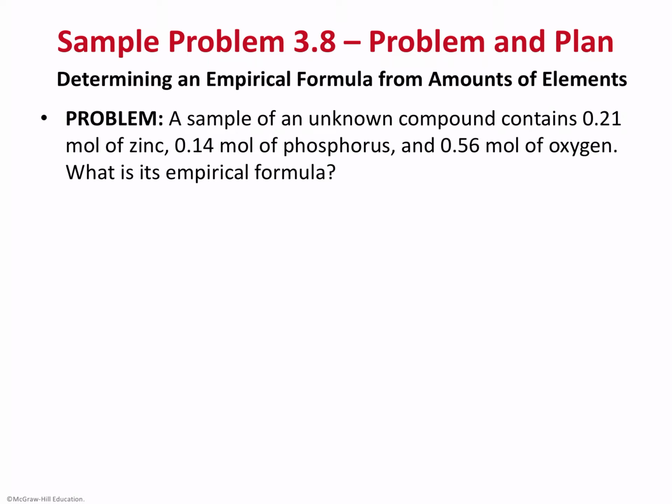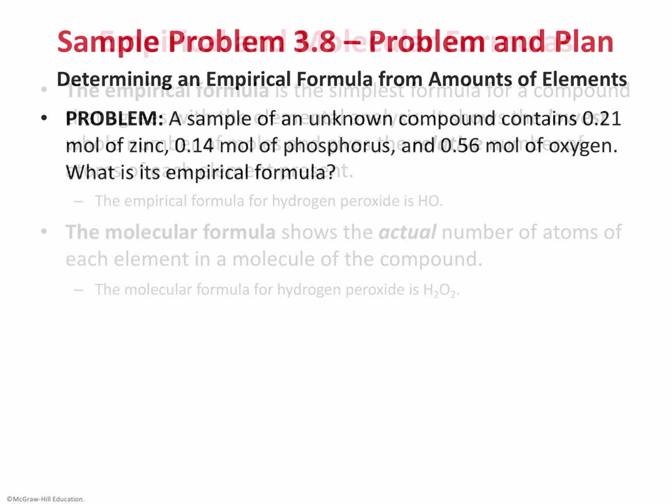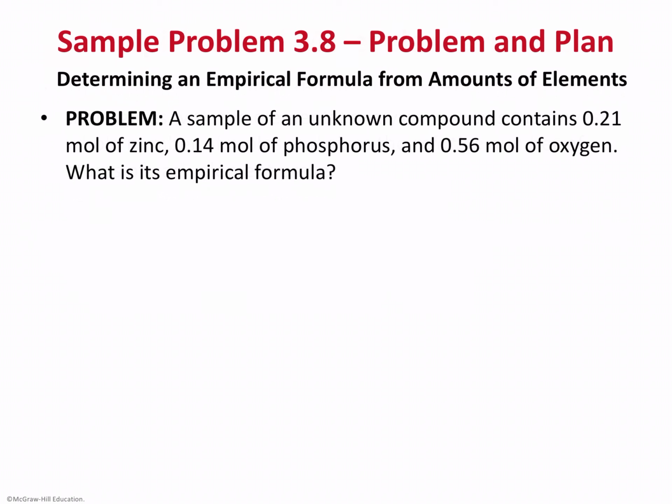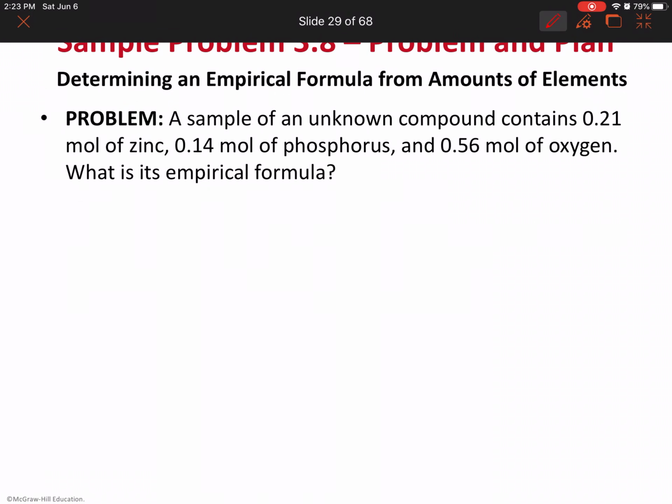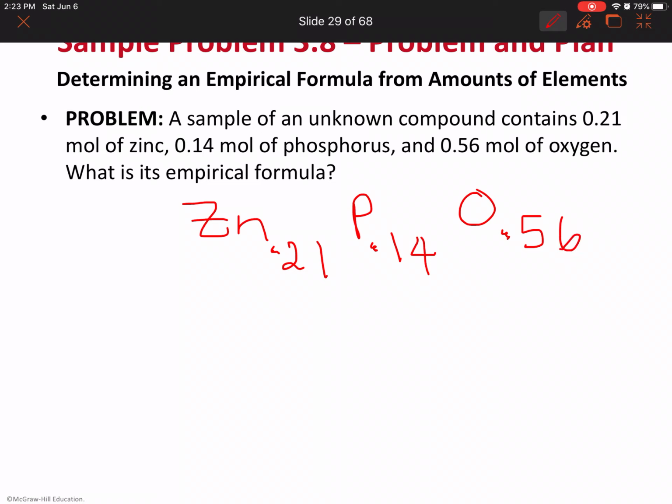Now we have zinc 0.21, and we have phosphorus 0.14, and then we have oxygen 0.56. We do have a molar ratio, but they are not whole numbers. Okay, now we need to convert them into whole numbers.